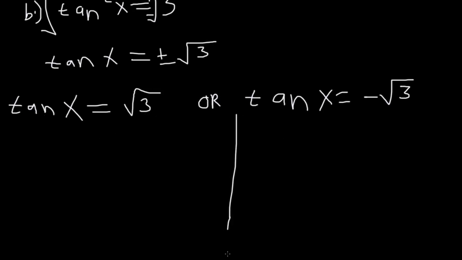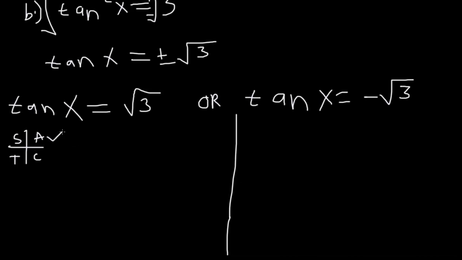For the first part, if tan x is positive, we know that there are 4 quadrants here. Only sin is positive in the first, tan is positive in the third, cos is positive in the fourth. So you check in which quadrants tan is positive.